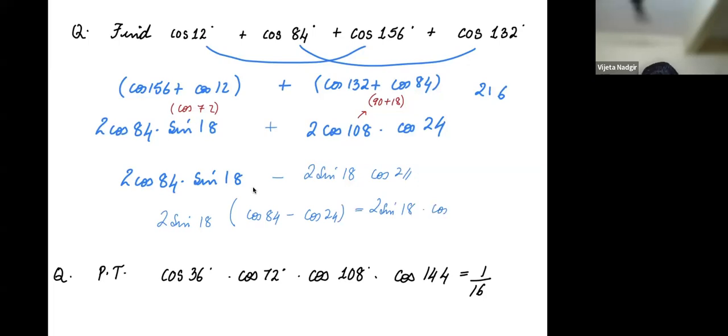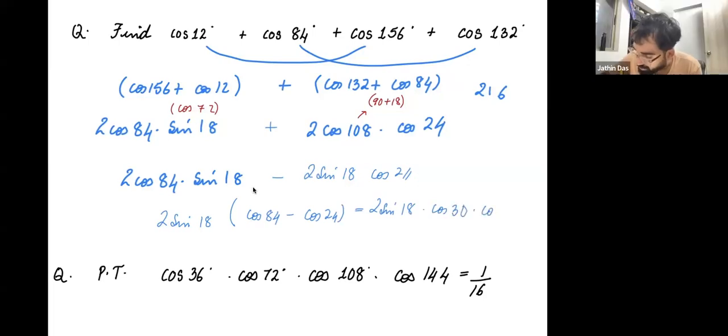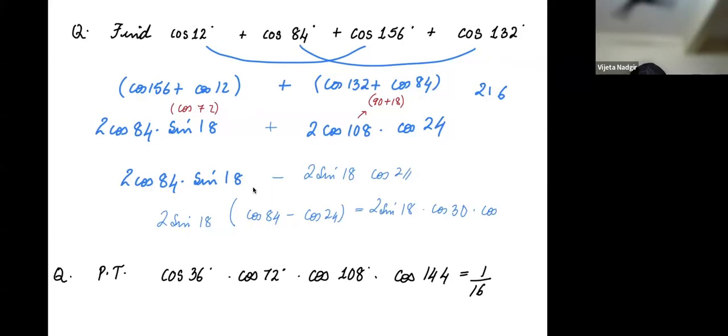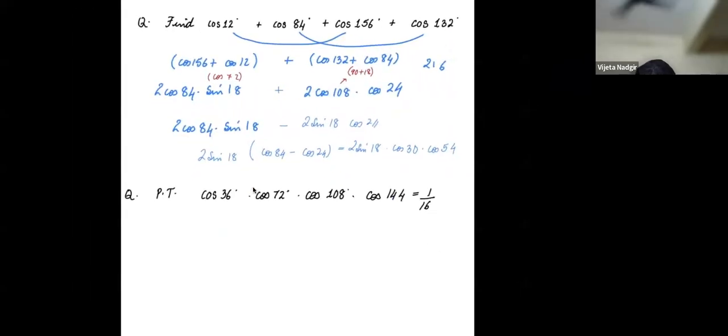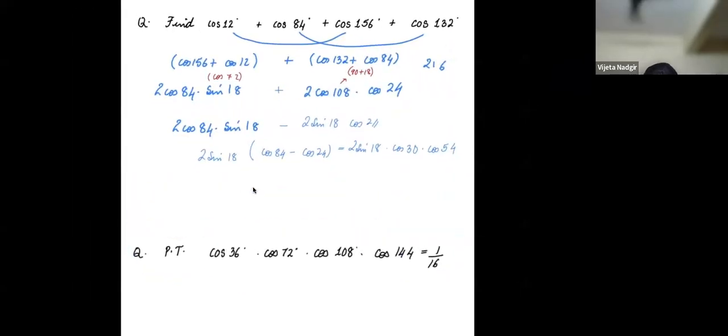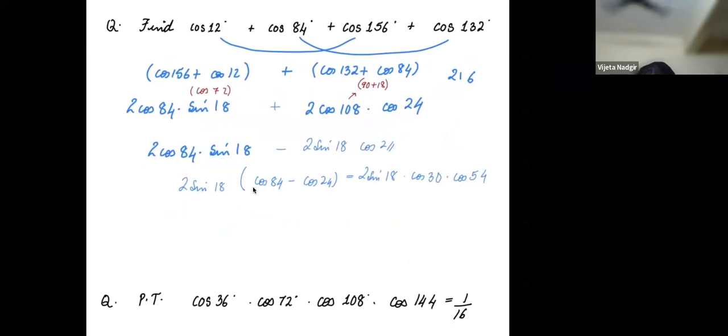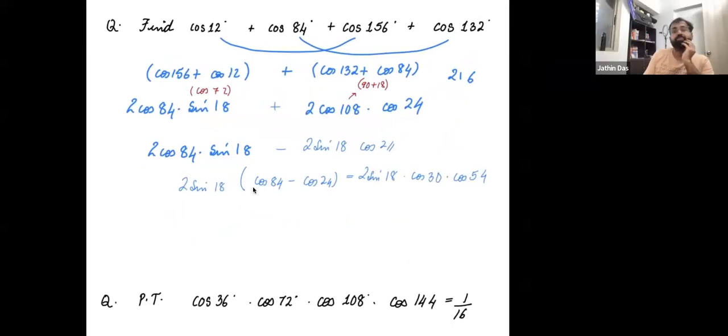The difference is 60, so 30, into cos, sum 108 by 2. Correct, no? One second. That's it.